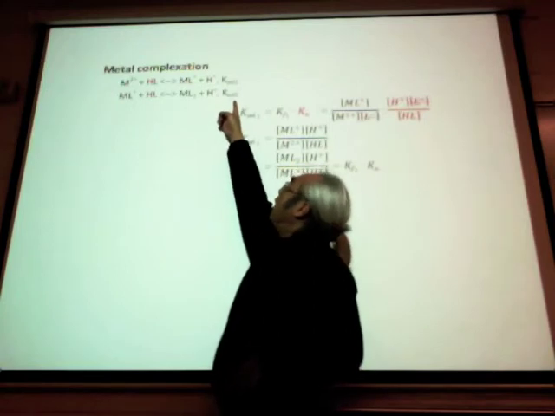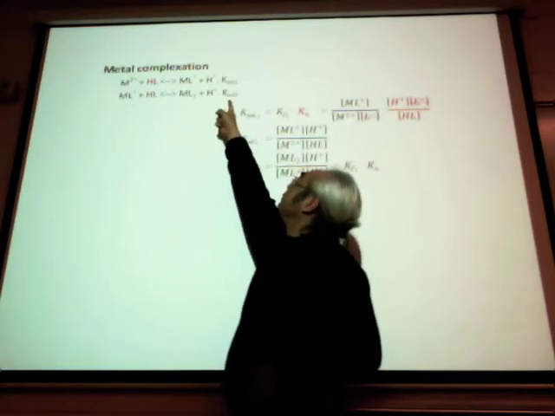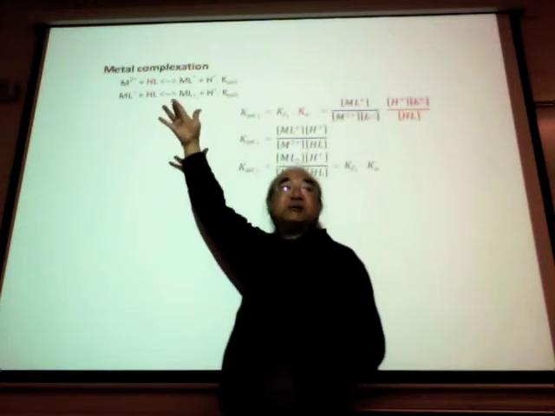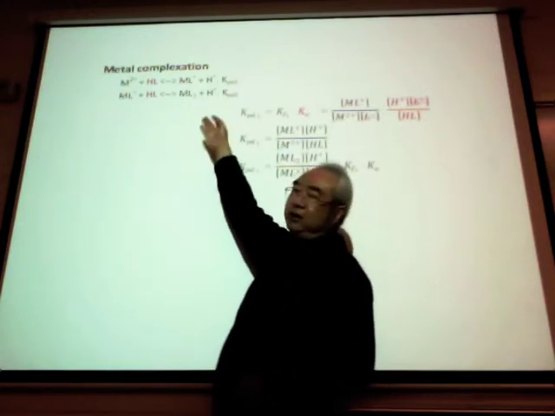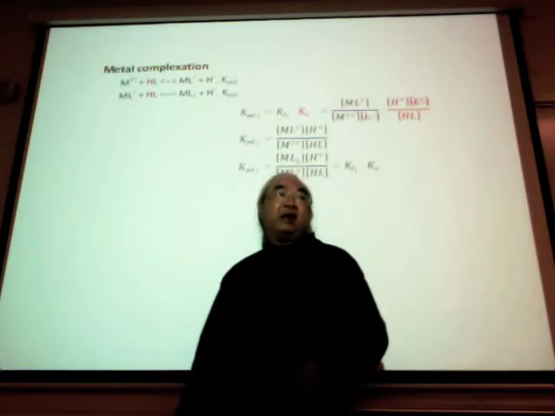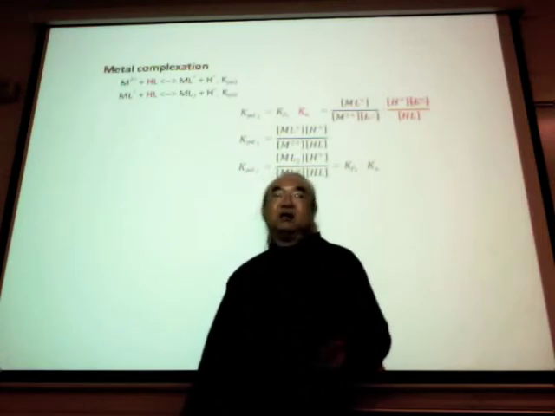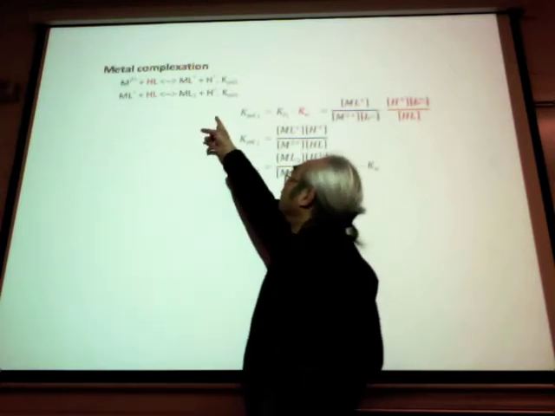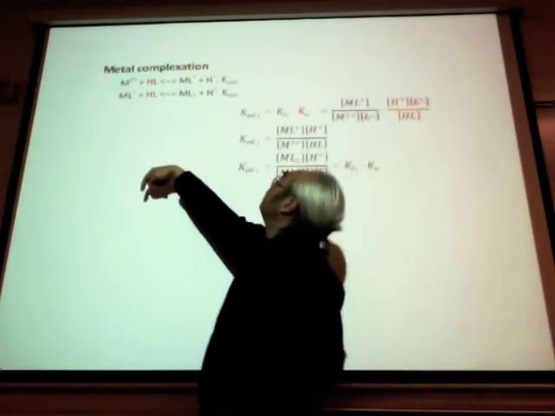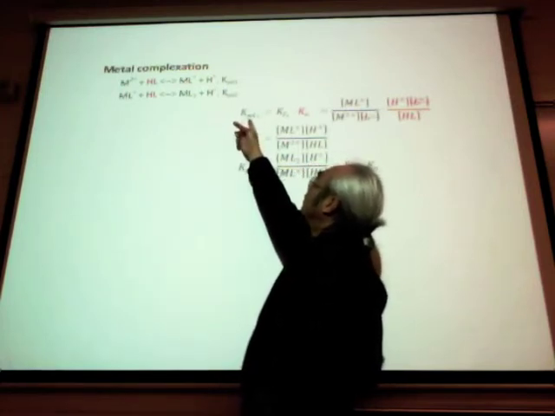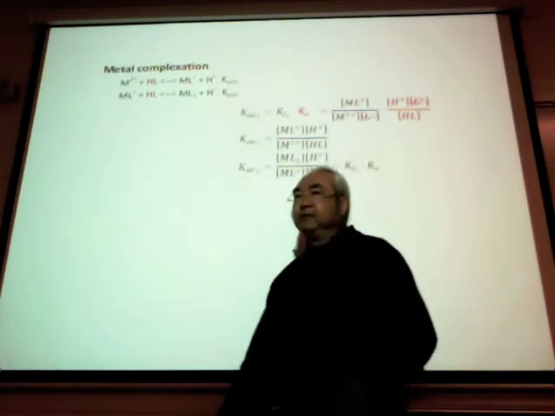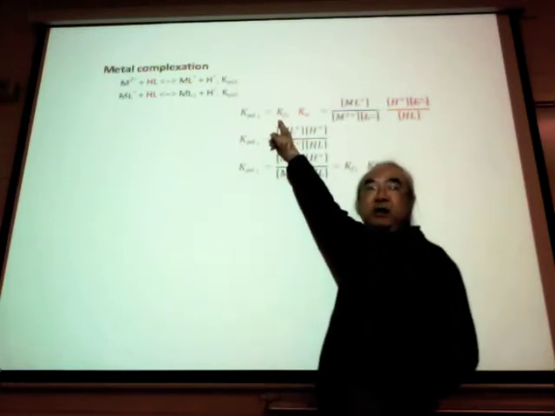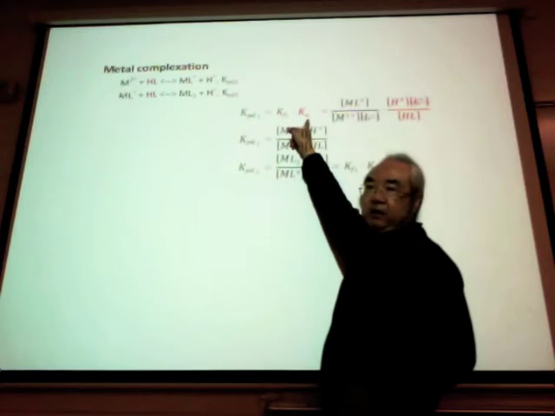Then you will see that if we use the symbol KPD, the proton displacement constant, but just call it equilibrium K, just another K. So looking at the first reaction, that K, let's call KPD1, is going to be equal to Kf1 multiplied by Ka.